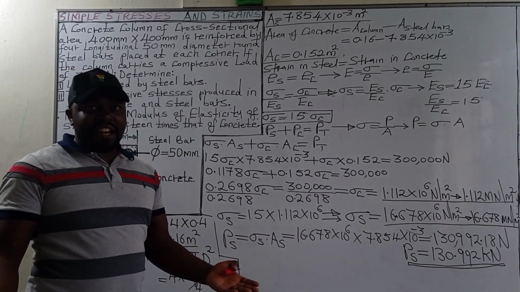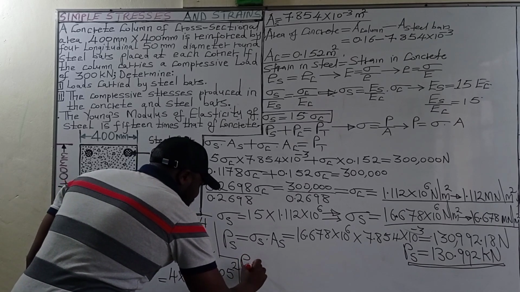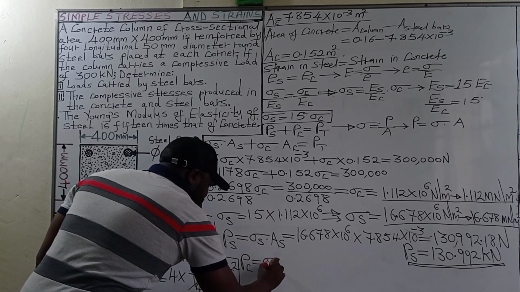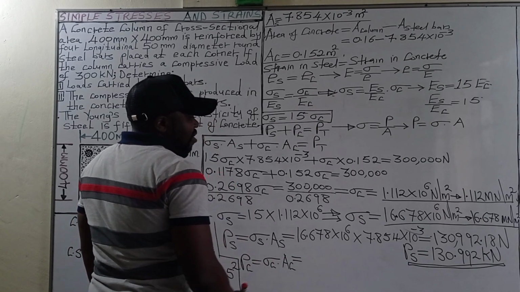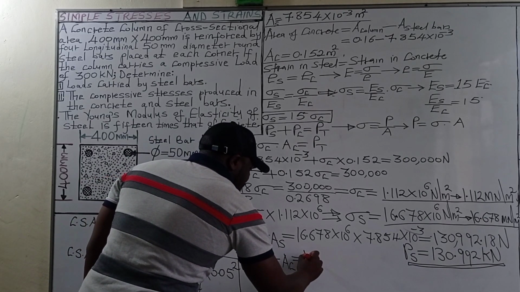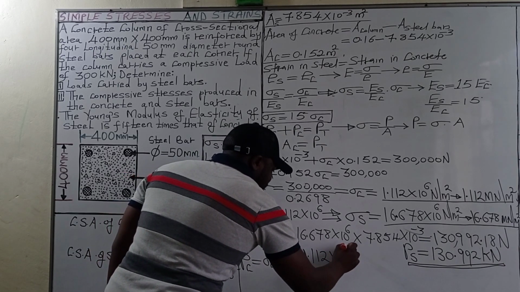We can also find the load carried by the concrete. The load carried by the concrete will be stress in concrete times cross-sectional area of concrete. The stress in concrete is 1.112 times 10 raised to the power of 6.